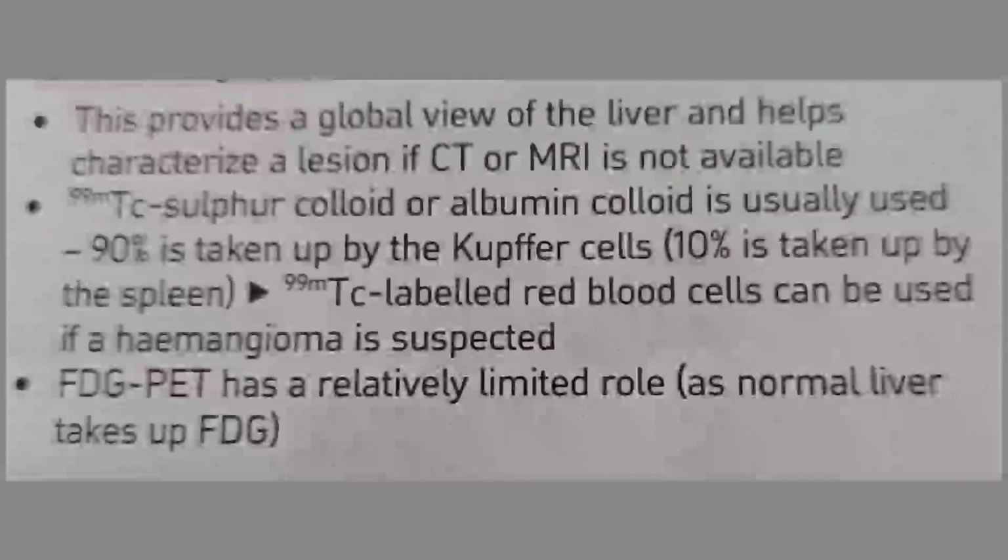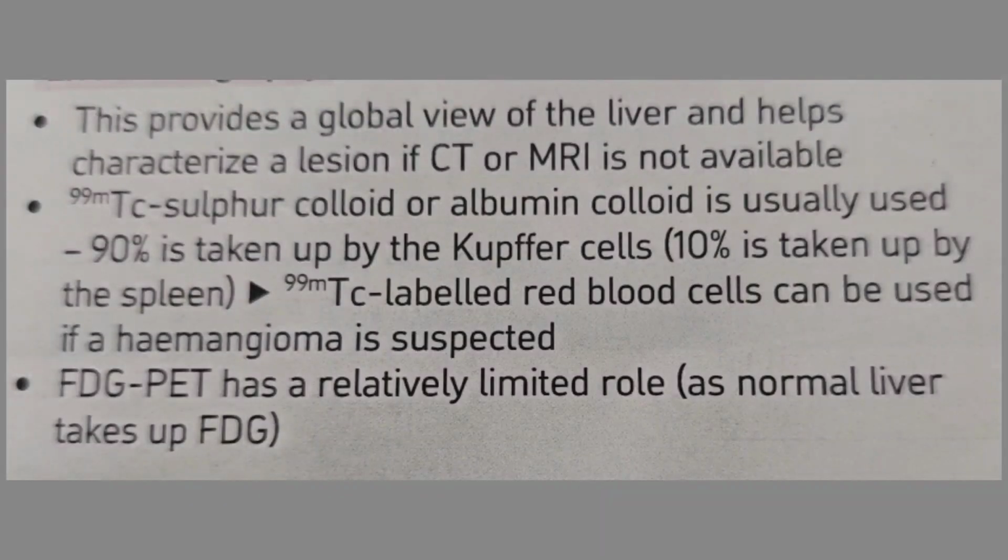As far as liver scintigraphy is concerned, it gives you a global view of the liver and helps in characterization of a lesion. If CT and MRI are not valuable, are not available, or you cannot pick up these findings confidently on CT or MRI, another option is liver scintigraphy.